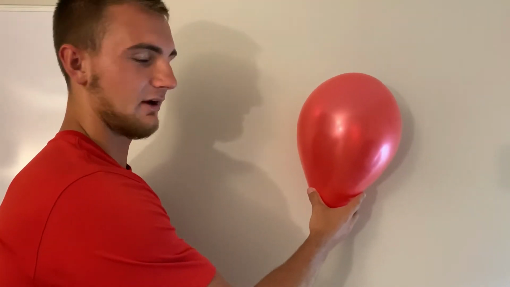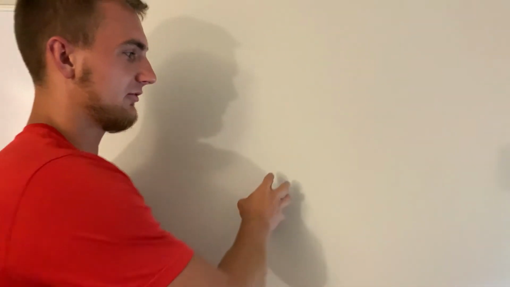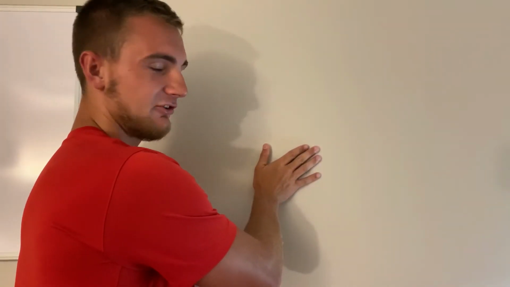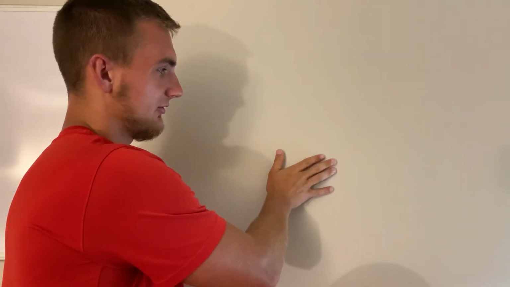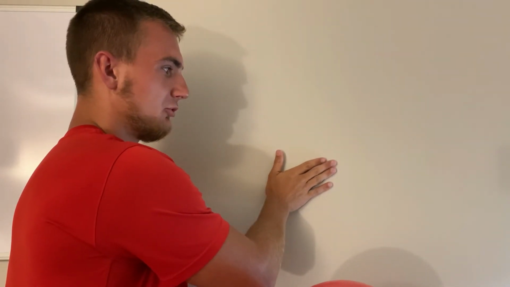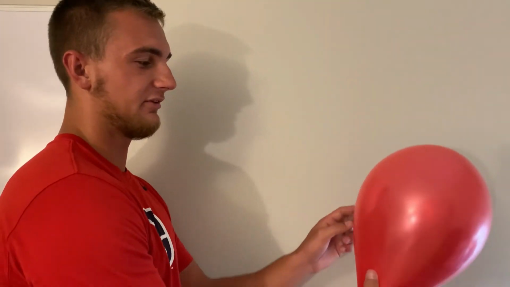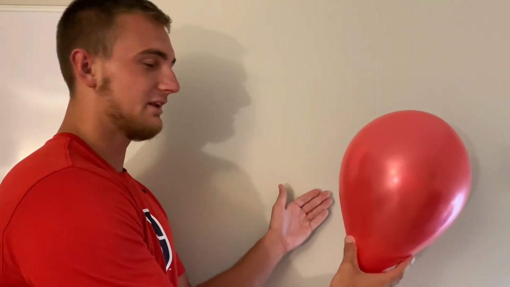Well, why does it stick? What happens here with this neutral wall is you can essentially think of it as a shift of the charges within the wall. So the positively charged particles in the wall, the protons, move out towards the surface. Since this here is negative, there wants to be an attraction between the wall and the balloon.